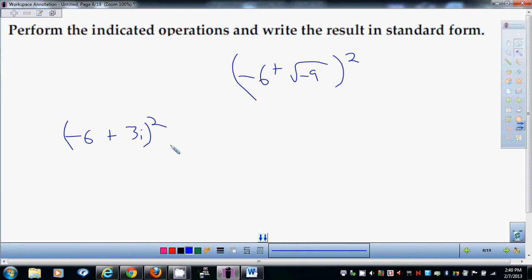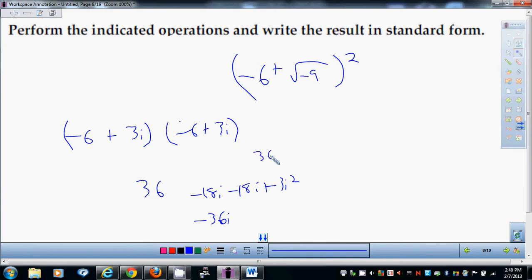Foiling that would be negative 6 plus 3i. So that's 36 minus 18i minus 18i plus 3i squared. So that's going to be negative 36i, 36 plus 3i squared, so that's 36 plus 3 times negative 1, which is 33. So your answer is 33 minus 36i.